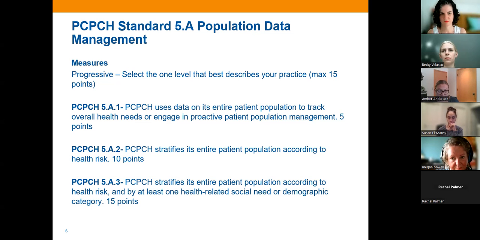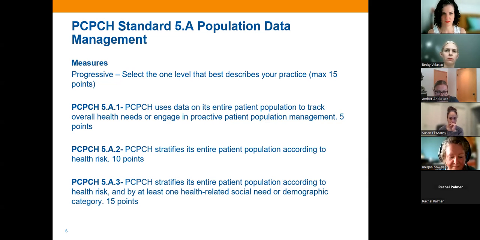Measure 5A1 requires that the practice uses data on its entire patient population to track overall health needs or engage in proactive patient population management. It is worth 5 points. Measure 5A2 requires that the practice stratifies its entire patient population according to health risk and is worth 10 points.